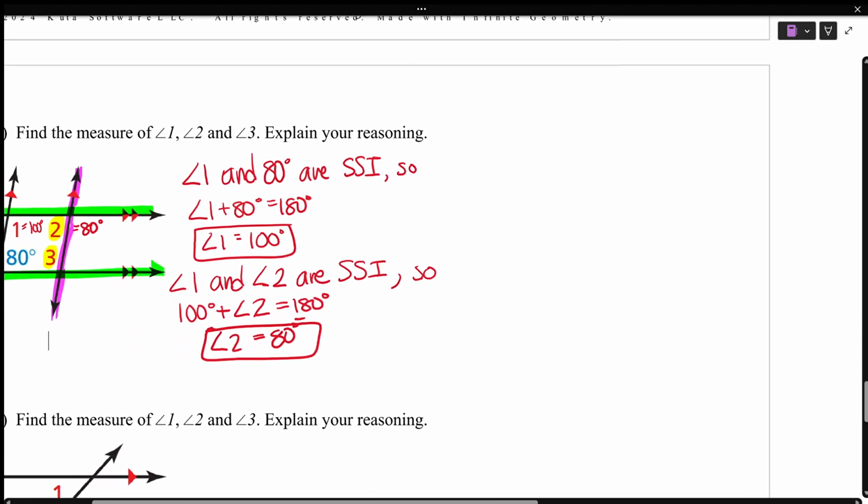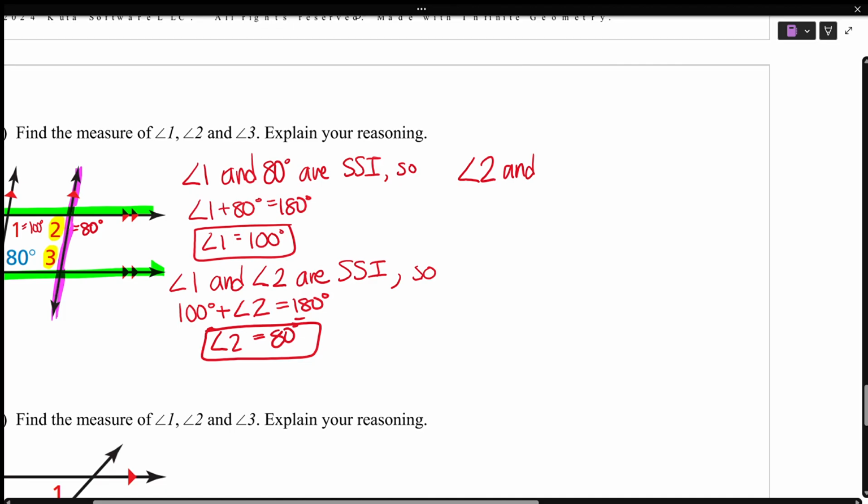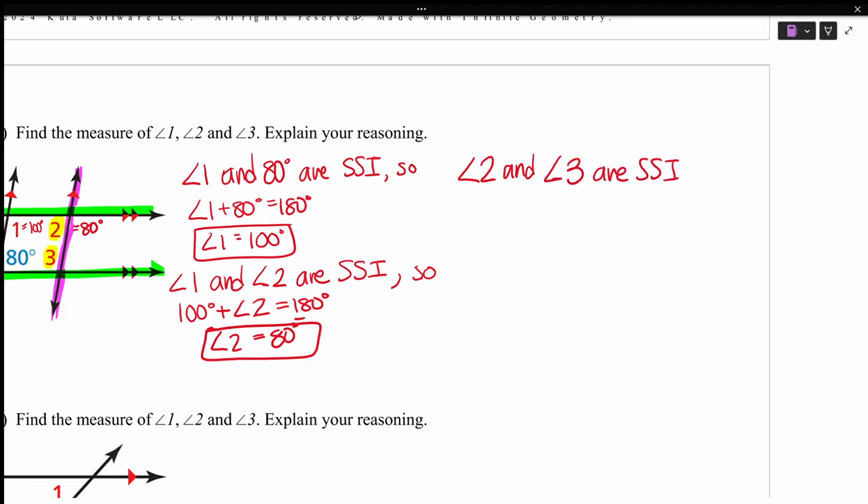So I'm going to show my work on the other side here. Angle 2 and angle 3 are SSI. So angle 2 is 80 degrees plus angle 3 equals 180. Angle 3 is 100 degrees. Okay? There you go. That's it.